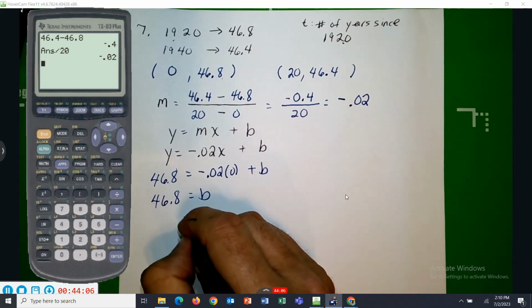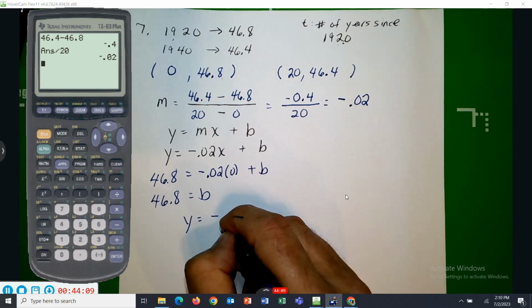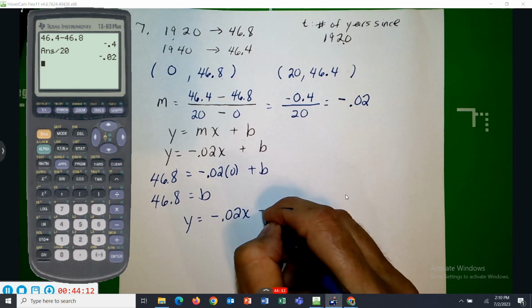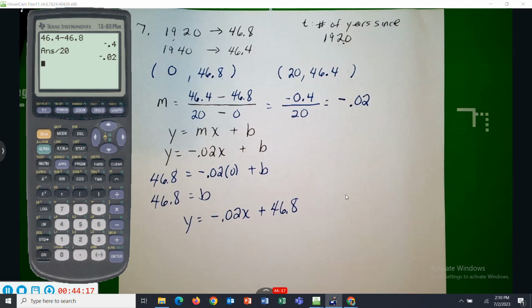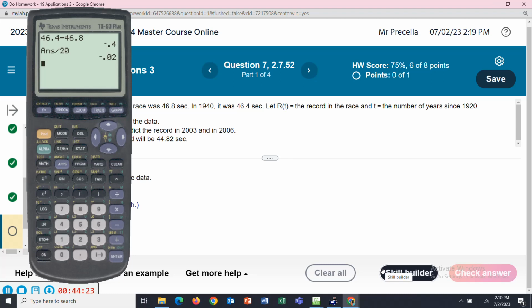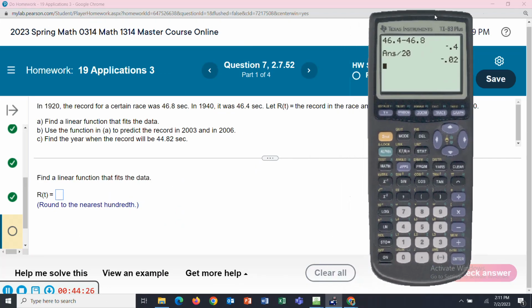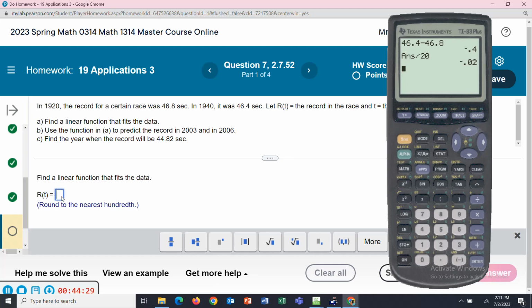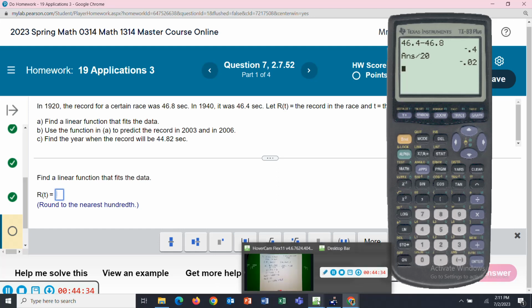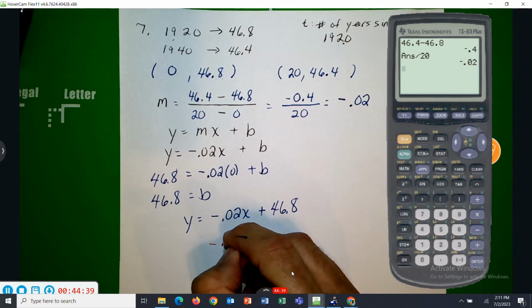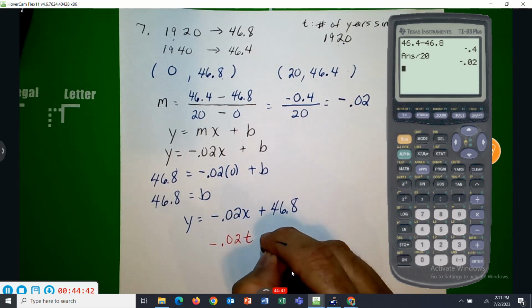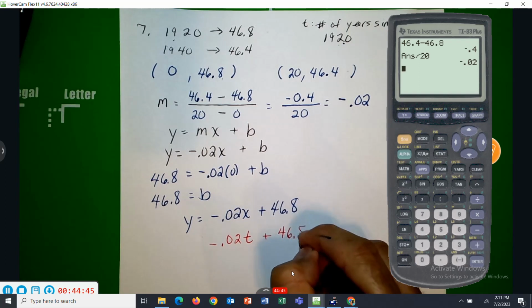So here's our function. y equals mx plus b. But wait a minute. Remember, we've got to write this in terms of t. Should be done in terms of t. So I'm going to write negative 0.02t plus 46.8.